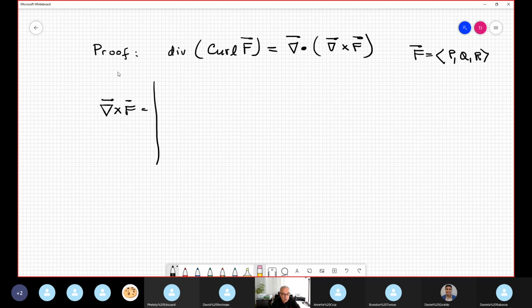And the curl in 3D we compute using the determinant: partial x, partial y, partial z, and P, Q, R.